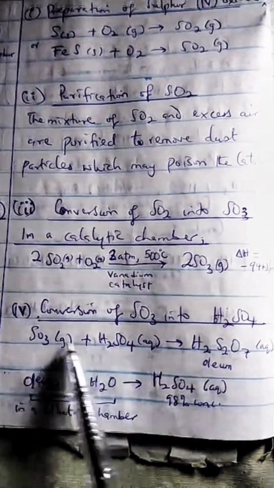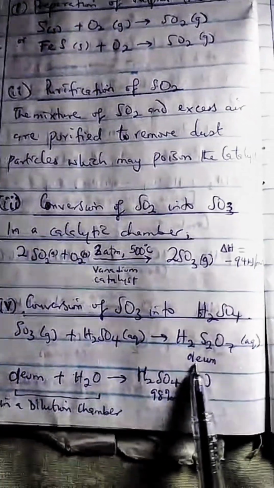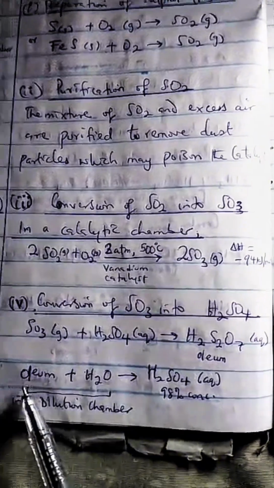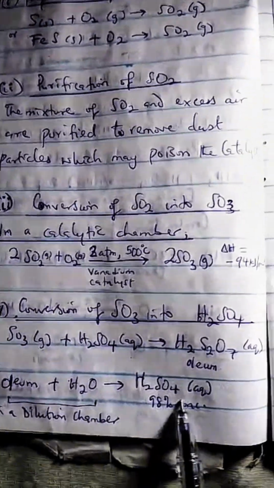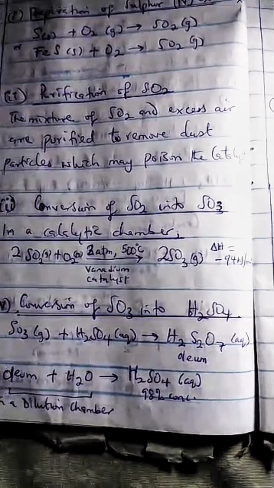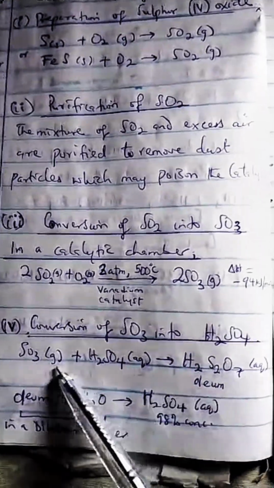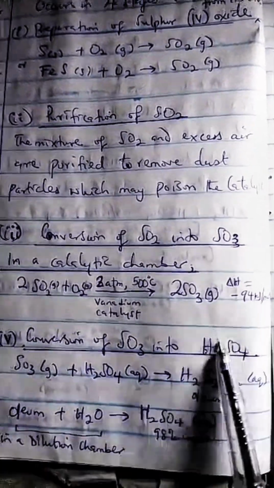A limited quantity of tetraoxosulfate 6 is reacted with the sulfur 6 oxide, and it gives us oleum. Now this oleum reacts with water in a dilution chamber to give us our tetraoxosulfate 6 of 98% concentration. So that's the final stage, conversion of sulfur 6 oxide into tetraoxosulfate 6.